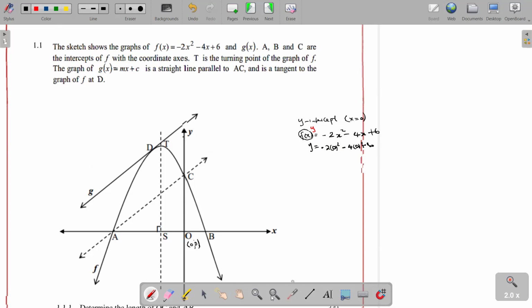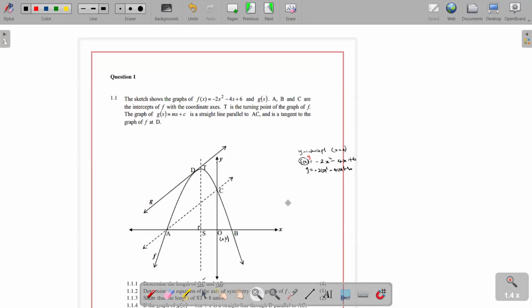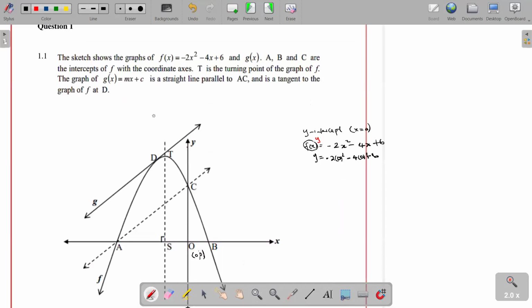Take note there, plus 6. So eventually we are left with y equal to 6. So our coordinates at C are given by (0, 6). And we realized that our coordinates at O are (0, 0).